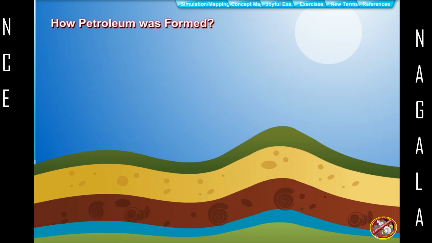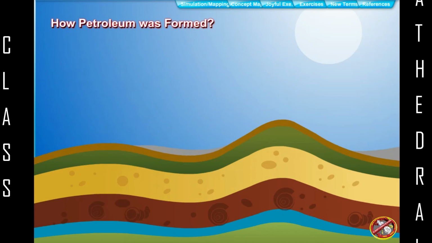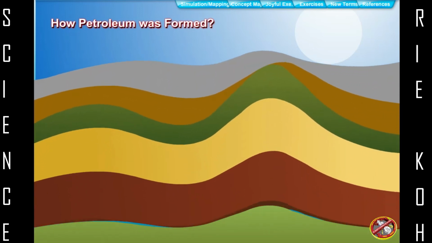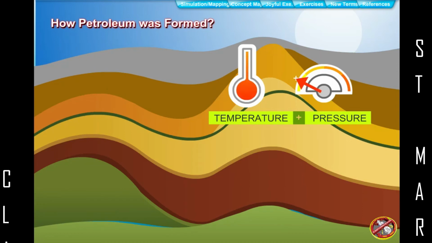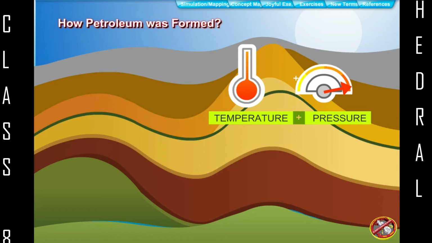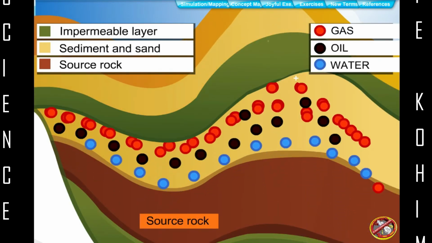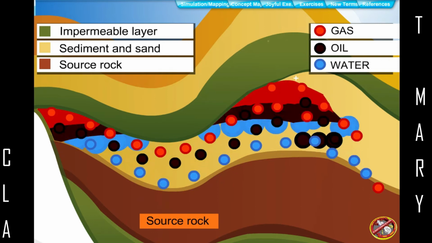Their dead bodies sank to the bottom of the sea and were soon covered with clay and sand. Over millions of years, due to high pressure, high temperature, action of bacteria, and in the absence of air, the dead remains of small plants and animals were slowly converted into petroleum oil and natural gas.